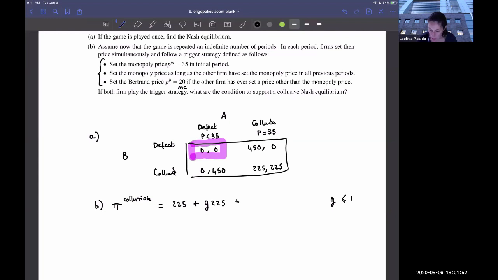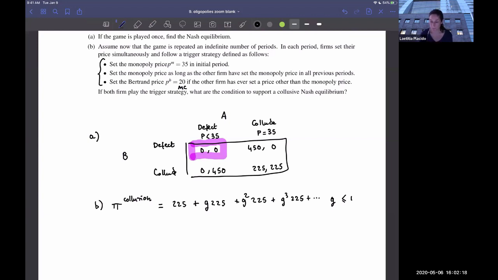Then what happens in the third period? If everyone behaves well, I get 225. But because it's two periods further, I discount the payoff I get in that period even more. And so on. There is no end in that game.